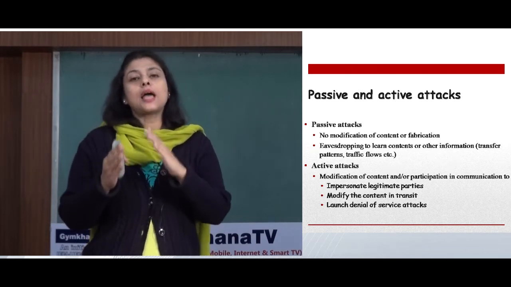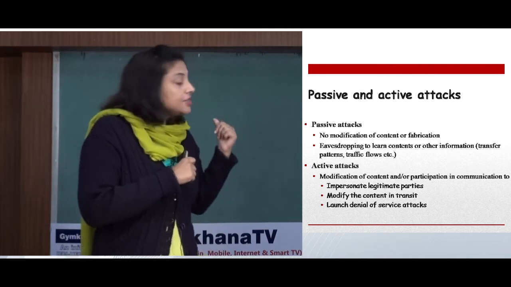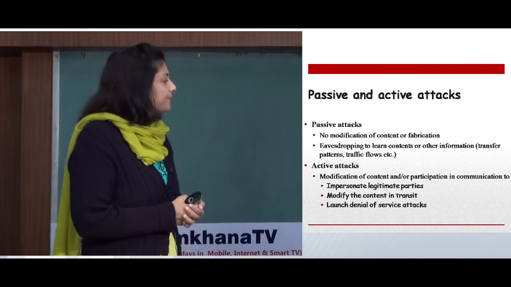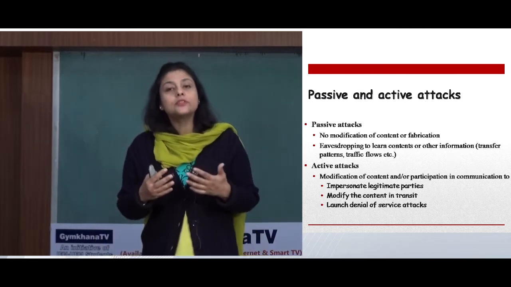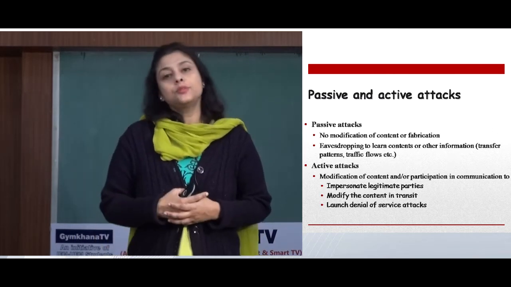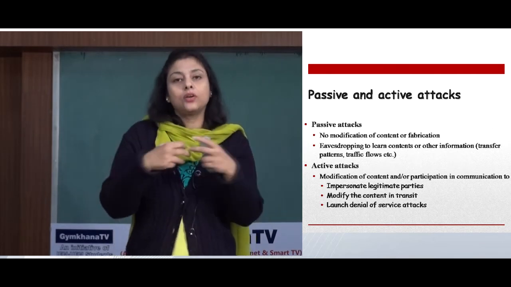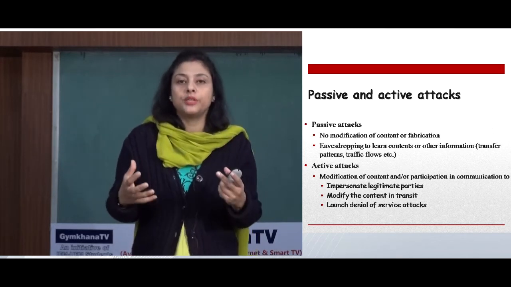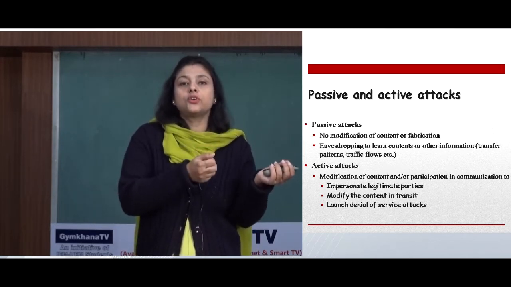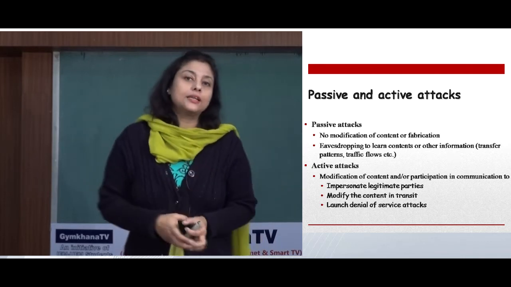That means it behaves as the source. It can modify the content during transit of the data, and it can also launch denial of service attacks. Denial of service attacks, or DOS attacks, means that the attacker will jam the channel or the network with junk messages. So many junk messages that the intended message will not be able to pass from the source to the destination.